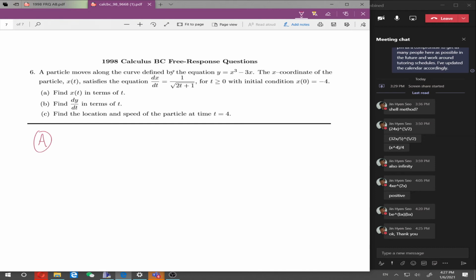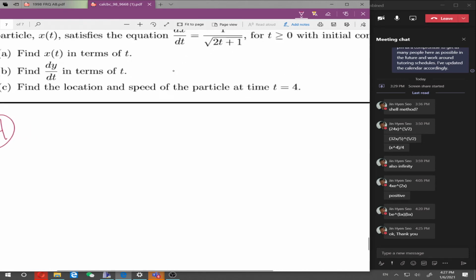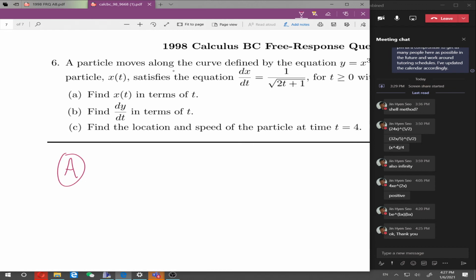So we should first integrate dx over dt to find x. Okay, so I want to integrate in order to find x. Before I can integrate, though, I've got a problem with my integration because we've got mixed variables on one side.